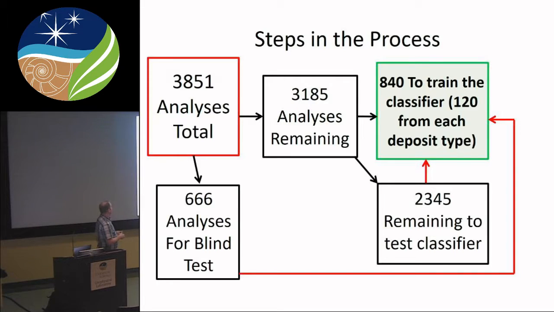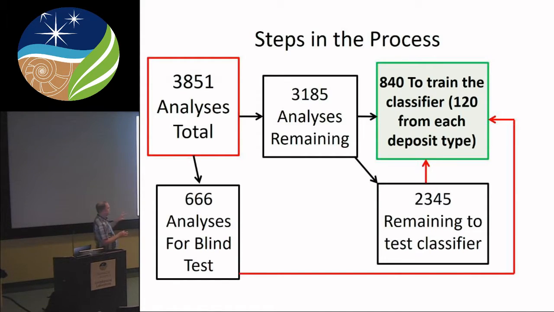So we started with our almost 3,900 analyses. The first thing we did was split off a number of analyses from ore deposit types that we had a lot of data for. So it was all of the analyses from a set of given ore deposits.